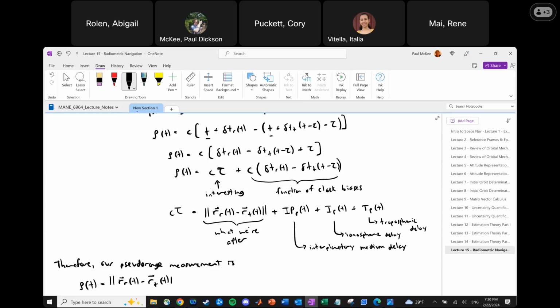So that's the actual distance that we care about, plus c times delta t r of t minus delta tt of t minus tau, plus interplanetary medium delay, plus ionosphere delay, plus troposphere delay.